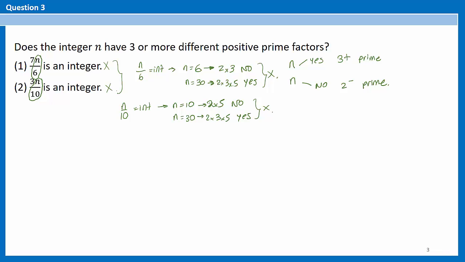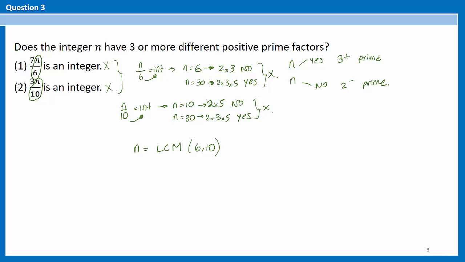If n is a multiple of 6 and a multiple of 10 at the same time, all I will have to do is find the least common multiple of 6 and 10, okay, to find out the smallest possible value of n.